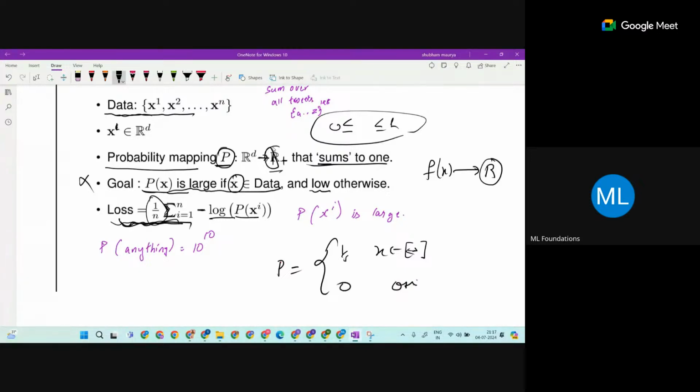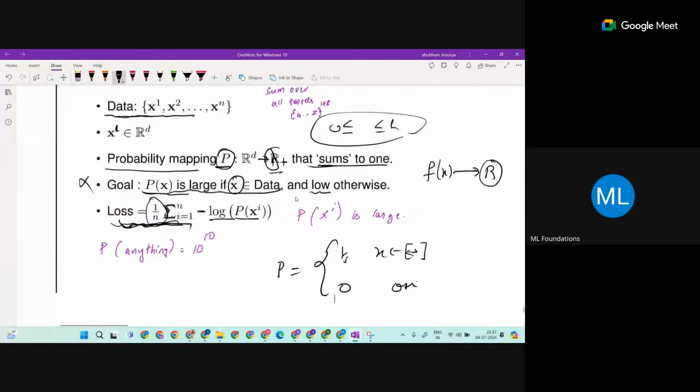For each data point we calculate the probability, and then take the log value, generally minus log of 1/5 each time.